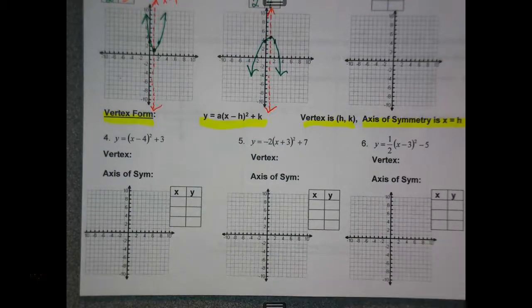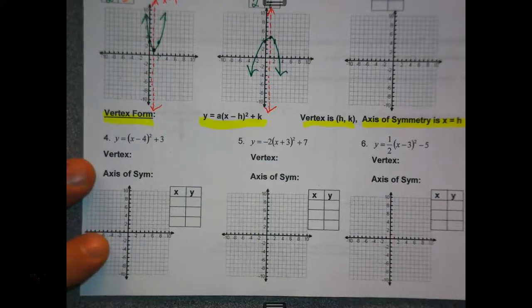Right? Did I lose anybody? Now, in vertex form, we can look at it, pick out our (h, k), pick out all our transformations, just like we did with the past 3 functions, right? Okay.